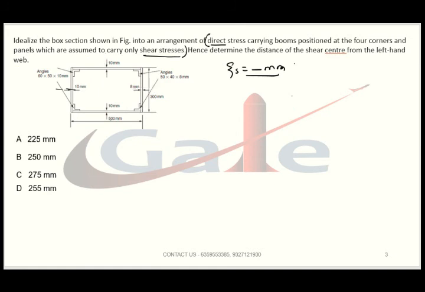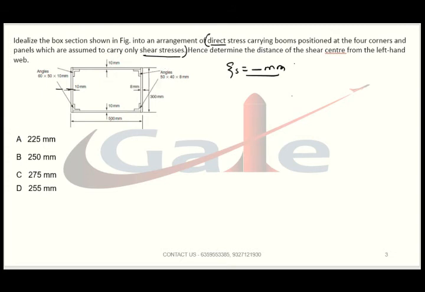Now they are saying find out the shear center. From this coordinate, the shear center will be symmetric because the thickness here is 10 mm and here it is also 10 mm, so it will be symmetric.